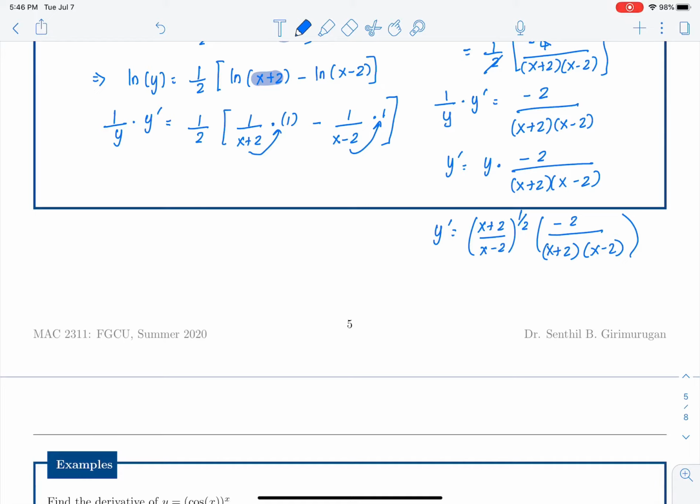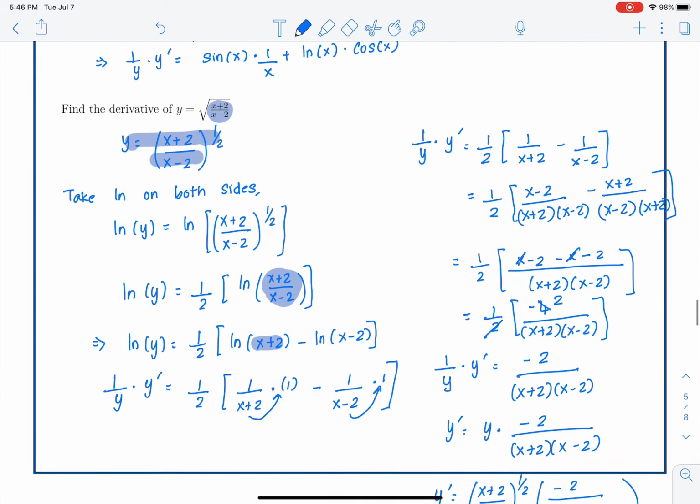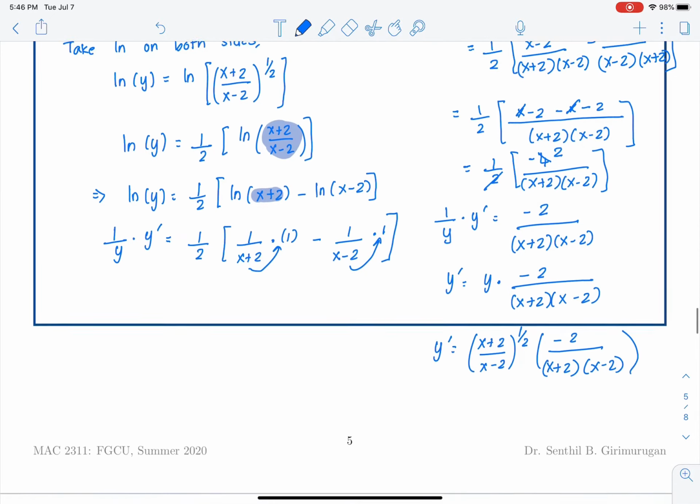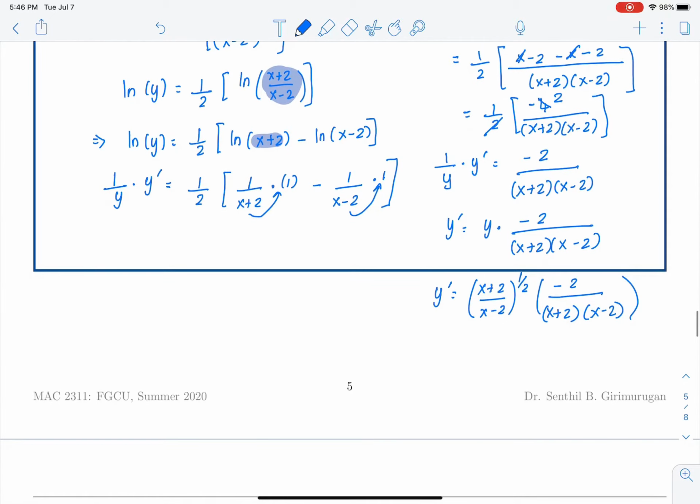If we can't plug in the value of y, if y is unknown, we leave y as is implicitly. We've seen that with implicit differentiation. But in this problem, we know, in this one and the previous one, we know exactly what y is, and I'm able to replace the y that I get in my answer with the substitution that we had, or with whatever y is given in the problem.